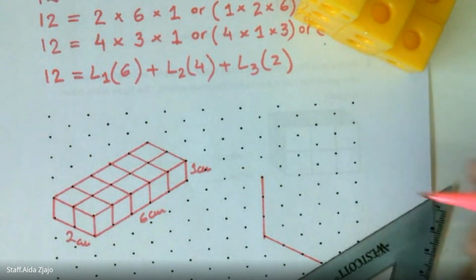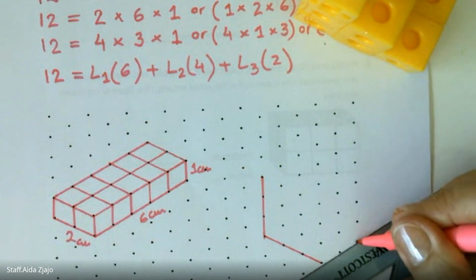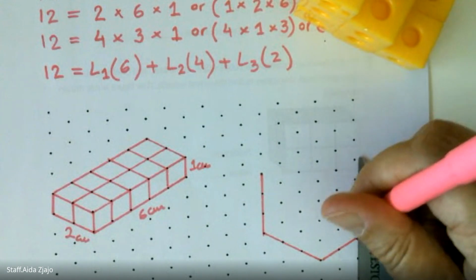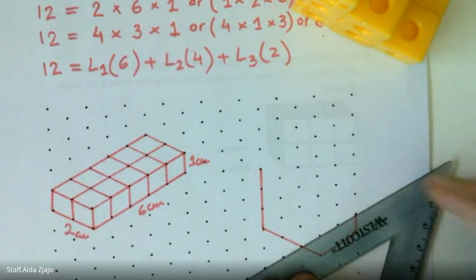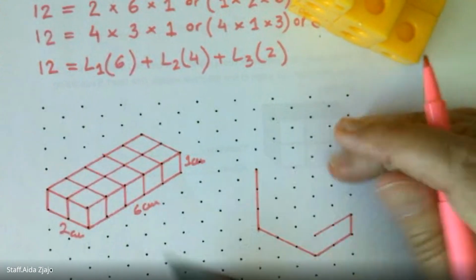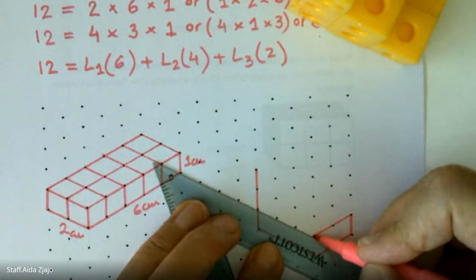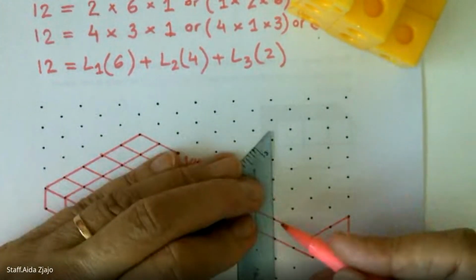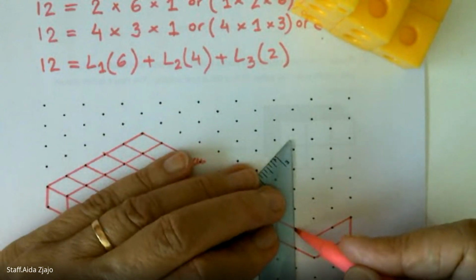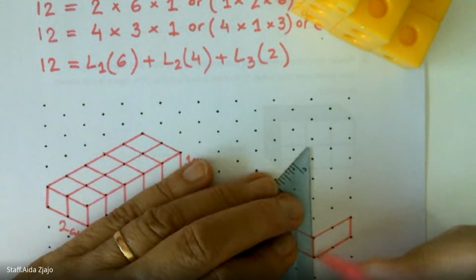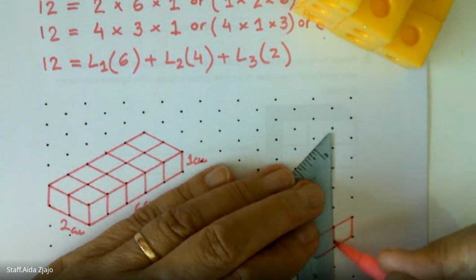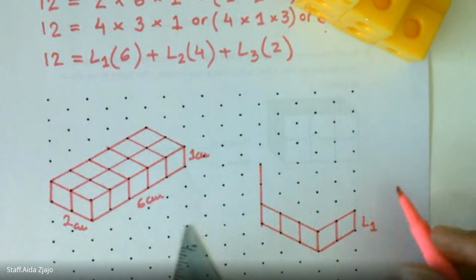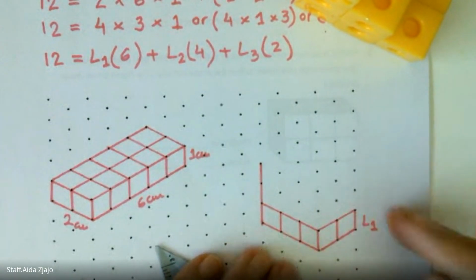This is the first layer that I can create, and it should be 2 by 3. 2 by 3 means 6 cubes. If I get here 1, 2, 3, 3 by 2, layer 1 should be 6 cubes.